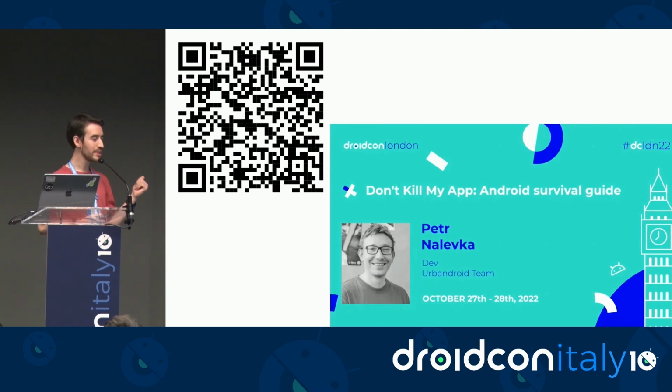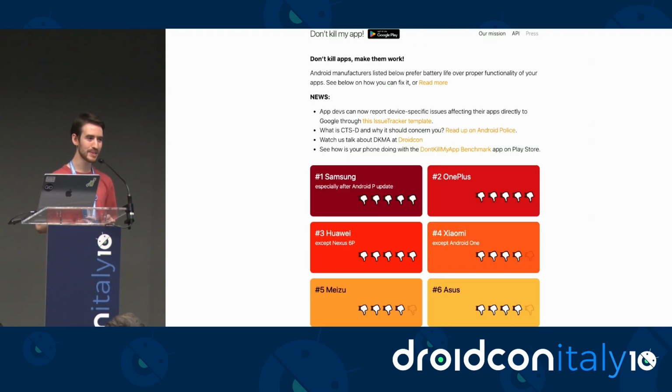And if you look at this talk, you'll find out that they created an interesting website that is dontkillmyapp.com. And it's basically a letter to all the different vendors saying, okay, this is the rating we give to you. So you can have thumbs down, but you can also have other icons to see the rating. You'll find them on the website.